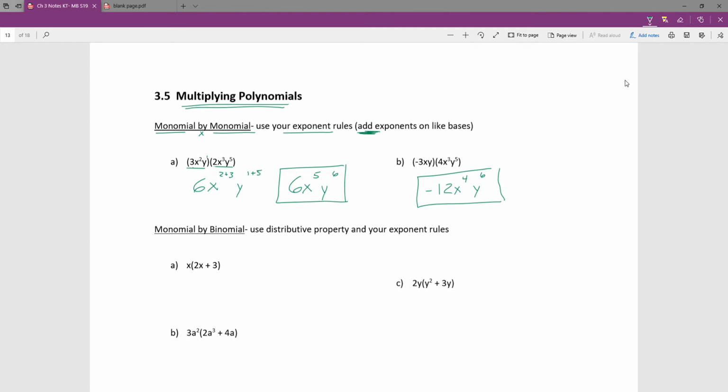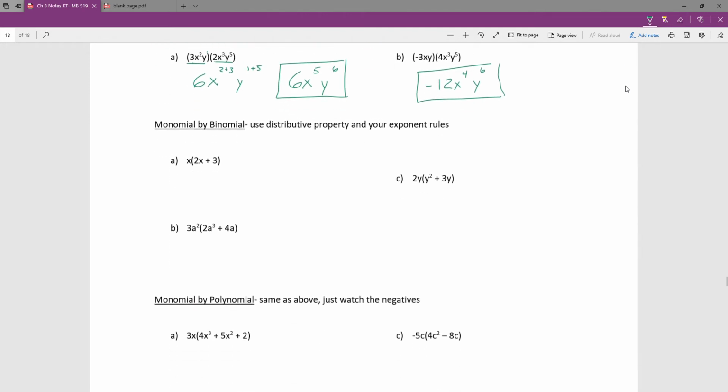The next section of the notes steps it up, and this time we're going to take a monomial and multiply it by a binomial. And so what we're doing here is using the distributive property. We use distributive property and the exponent rule. So again, this is stuff we've already done, but we just didn't call it a monomial multiplied by a binomial.